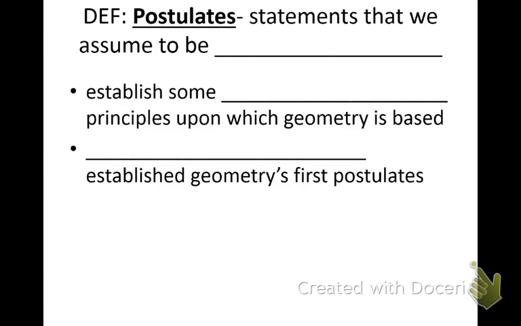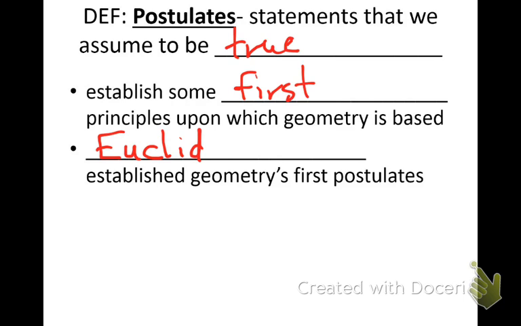Postulates. We talked some about this already. Postulates are statements that we assume to be true. Euclid, an ancient Greek mathematician, as I mentioned before, established some first principles on which geometry is based, geometry's first postulates.